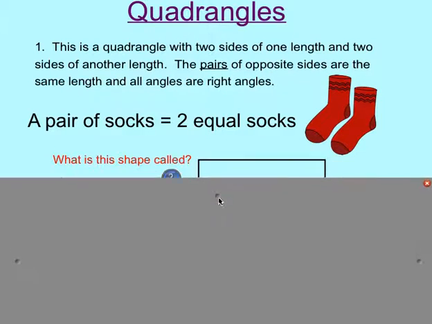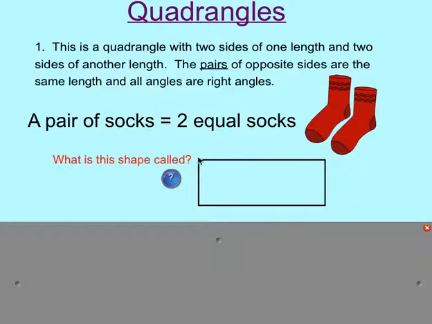So here, this pair of opposite sides are the same length. Not when I draw it, but you see what I mean. And this pair of opposite sides are the same length. And all of the angles are right angles. So you know this shape as a rectangle.